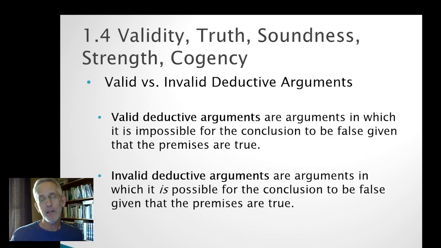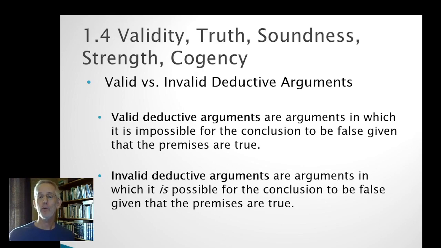And it can get tricky because it's possible to construct deductive arguments with invalid forms that look like they are valid, and we'll talk about that a little later. So once again, valid means it has the correct pattern, so the premises really do support the conclusion. Invalid means it has an incorrect pattern, and the premises don't really support the conclusion.